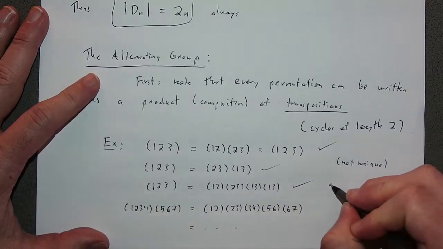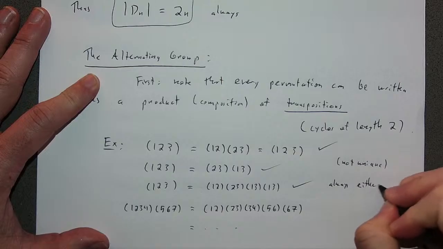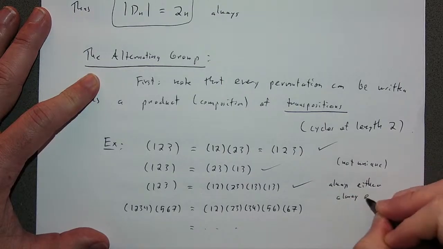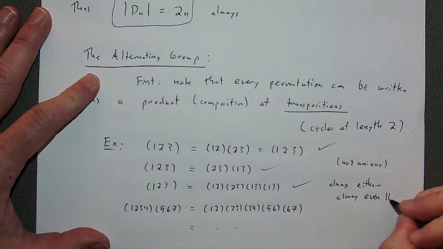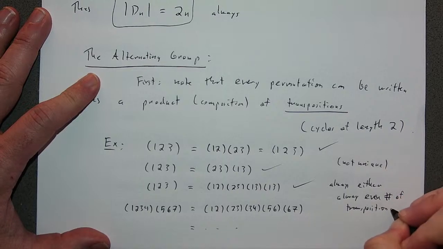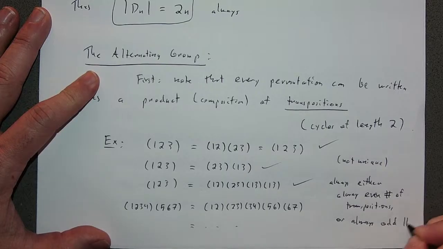always either always even number of transpositions, or always odd number of transpositions.